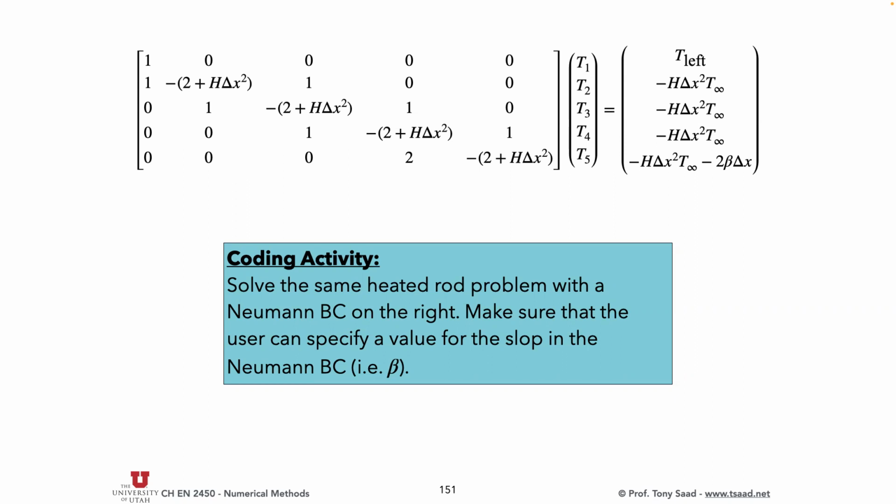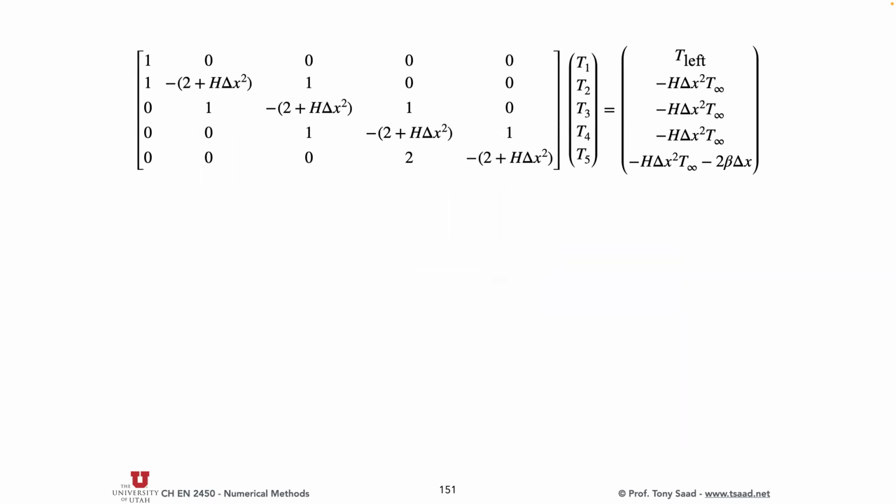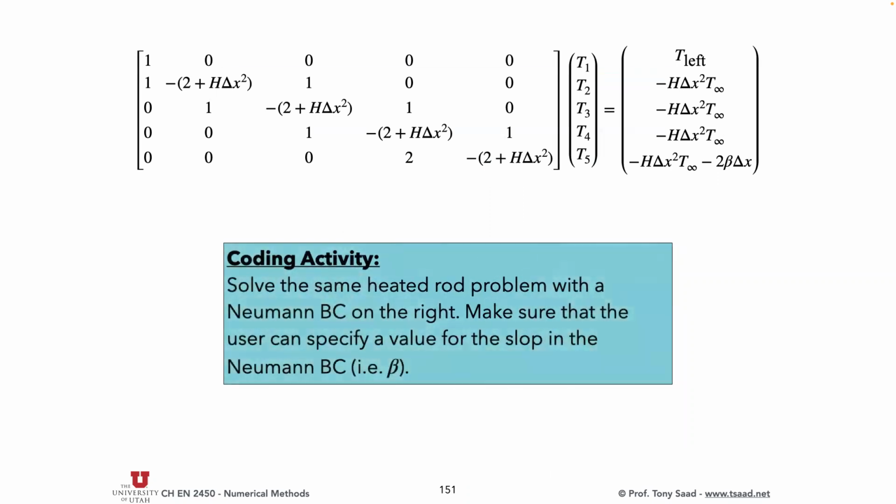Okay? So now go ahead, pull up your notebooks, copy and paste what we just did for the Dirichlet problem, but now hack in this system of equations for a mixed Dirichlet and Neumann condition.